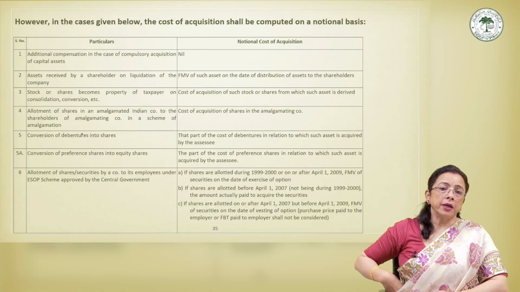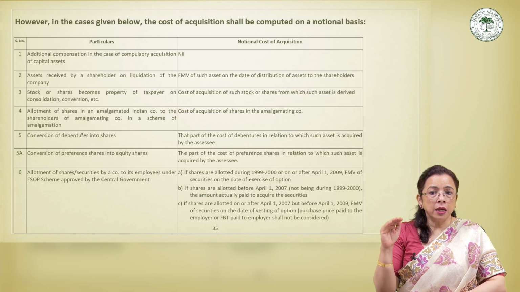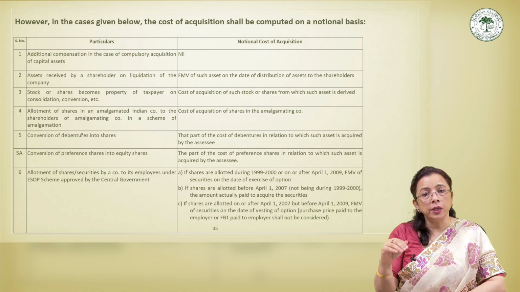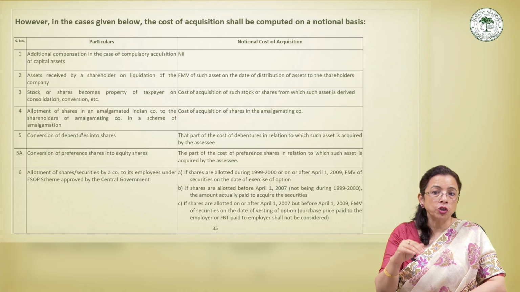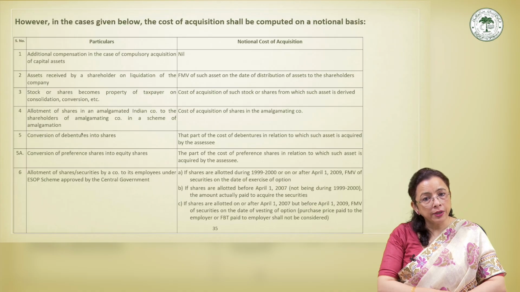Since the taxpayer has not separately purchased the new shares, the law provides that the cost of acquisition of the new asset will be treated as the cost of original shares from which the new asset is derived. This ensures continuity of taxation and avoids the duplication of cost.